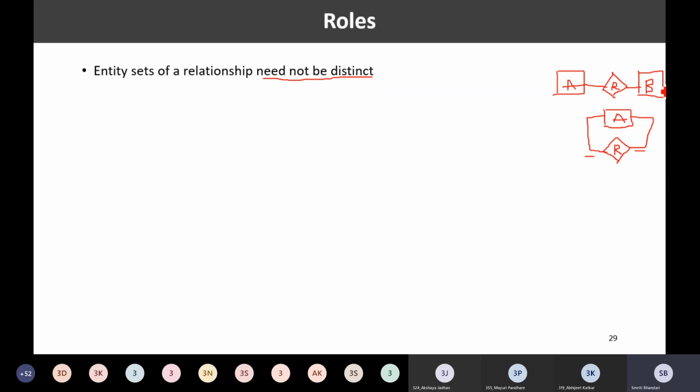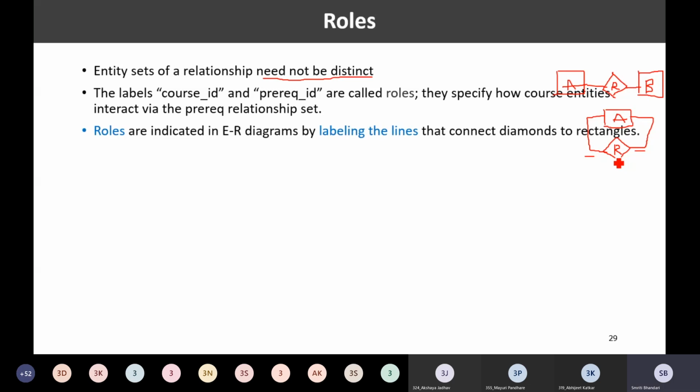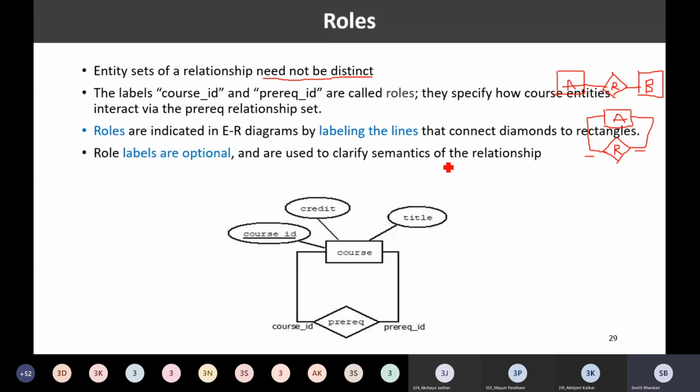So A and B are distinct entity sets participating in the relationship set, but not necessarily always are the participating entity sets distinct. It may happen that the same entity set participates in the relationship set more than once. So it is possible. Now, let us assume one example.